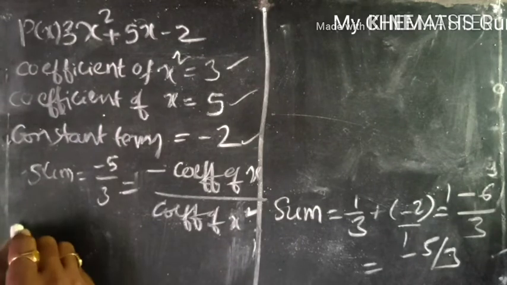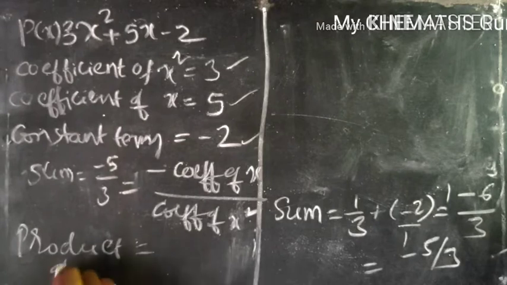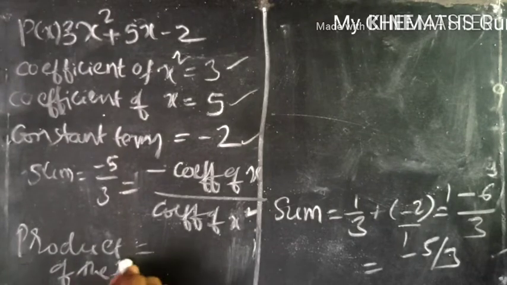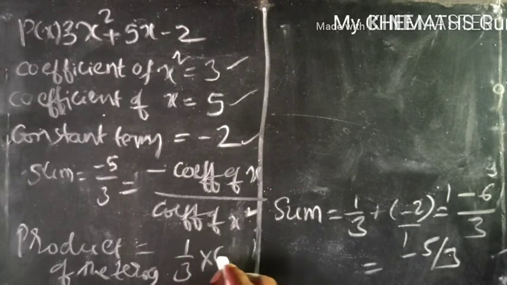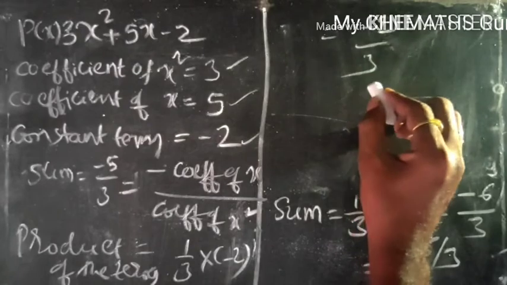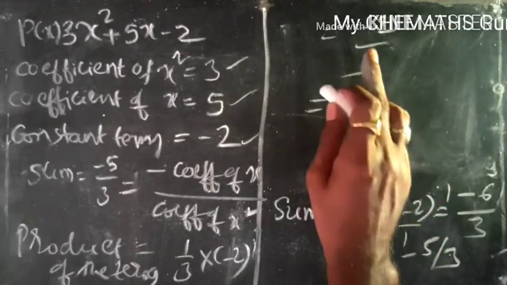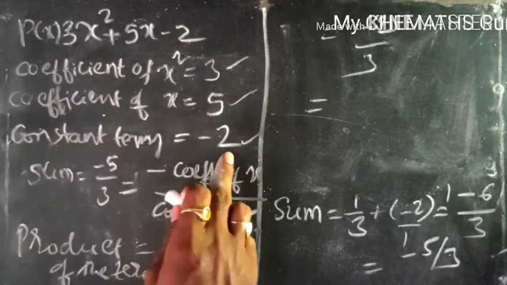Now the product of the zeros. What are the zeros actually? 1 by 3 comma minus 2. So their product, 1 by 3 into minus 2, gives us minus 2 by 3. Now what do you understand by this? Minus 2 is there in the coefficients of the polynomial. What is this? The constant term.